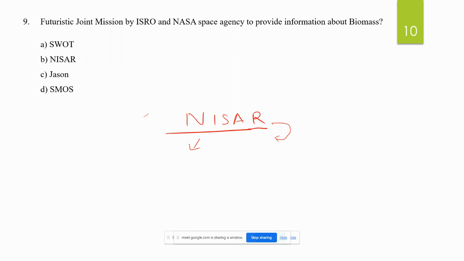That was the news within the last 10-15 days. In this, Jason is a previous satellite, so it is not a futuristic mission. The same goes for SMOS. Jason is already giving water levels or heights for many areas, and SWOT was also launched in December. So the only futuristic mission was NISAR. That was the answer.